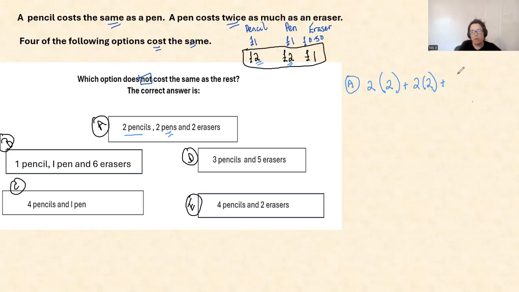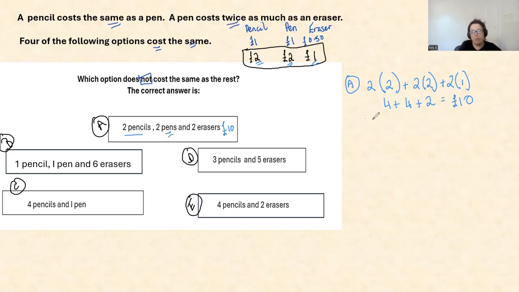That's 2 multiplied by 1, because my erasers are £1. If I calculate this, 2 by 2 is 4, plus 2 by 2 is 4, plus 2 by 1 is 2, which gives me altogether, now I'll put in my pound sign, £10. So if my values are 2, 2, and 1, A costs £10.